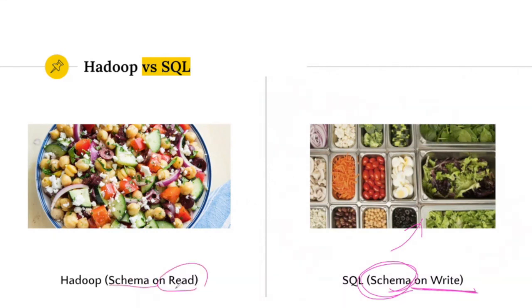We're not going to do the gatekeeping. We're just going to welcome everyone to come into our Hadoop database. Okay? But instead, when I need to search for something, that's where I'm going to impose a schema, as opposed to imposing the schema at the time of writing.